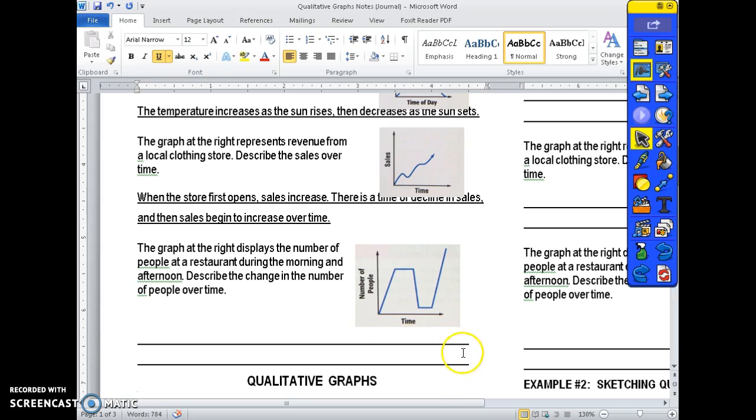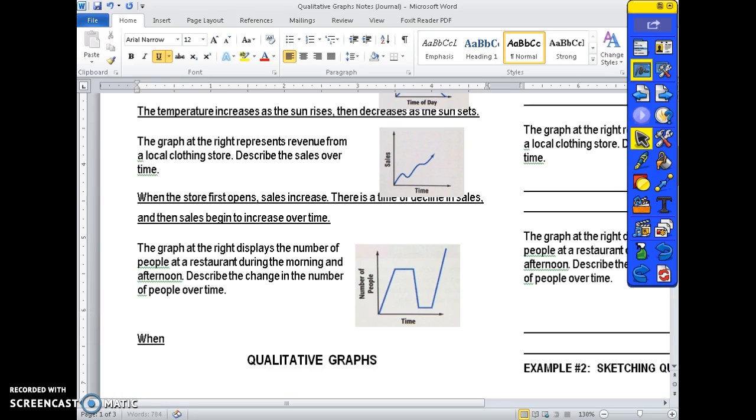And look at the next one. The graph at the right displays the number of people at a restaurant during the morning and afternoon. Describe the change in the number of people over time. When the restaurant opens, customers come to eat breakfast.